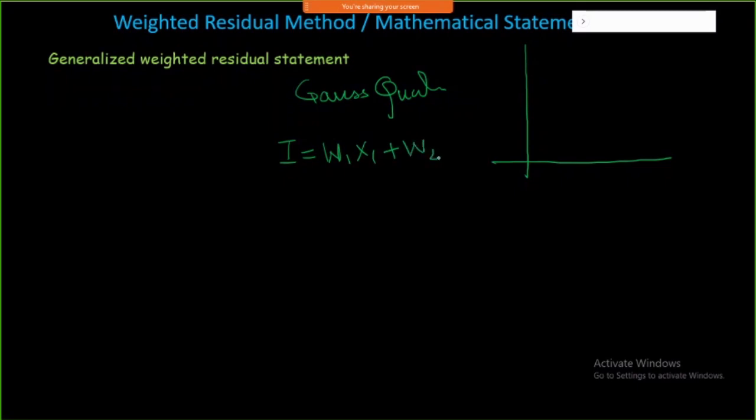This is two point integration. So this is my x0 and this is my x1. I have a curve like this, and I want to determine the integration over a to b.